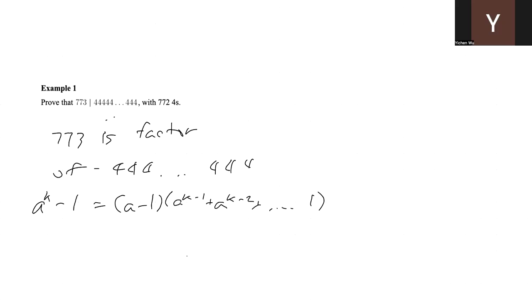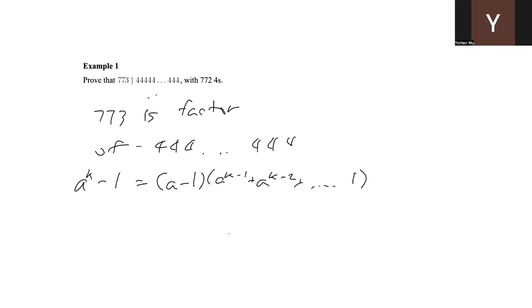This you may recognize as a formula for the sum of a geometric series. So after this, we can express this thing as 4 times 10 to the 771 plus 10 to the 770 plus so on all the way to 10 to the 0.